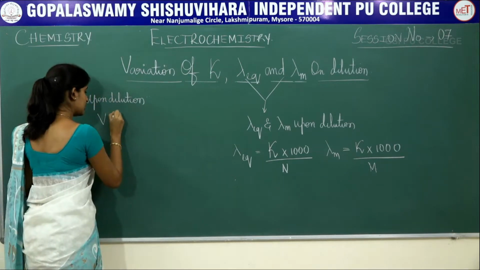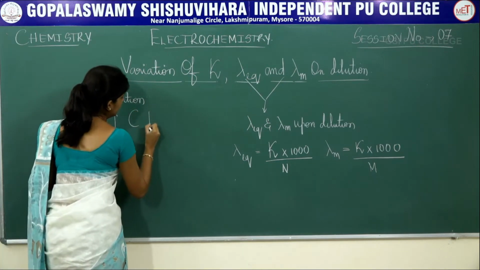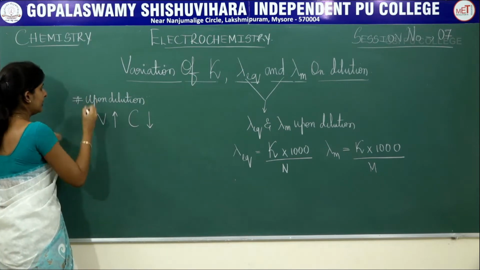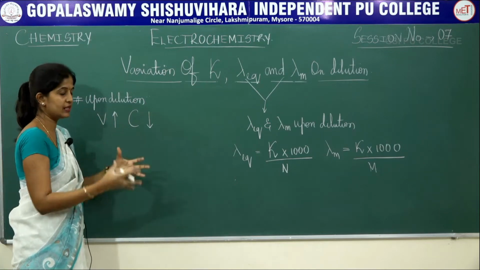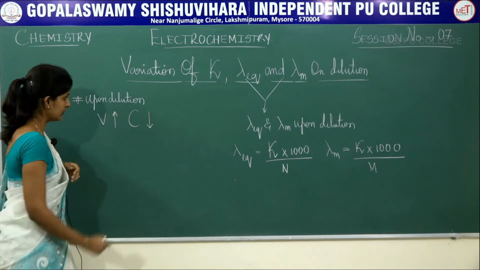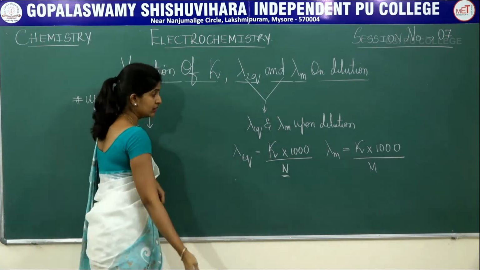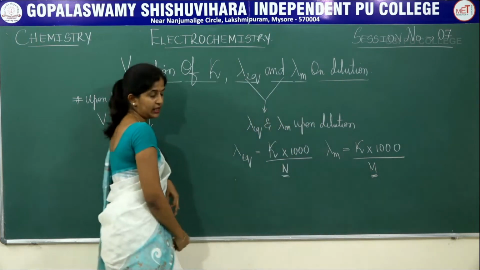Volume increases while concentration decreases. Remember this. Always upon dilution, total volume of the solution increases and concentration of the solution decreases. Which means that in your lambda EQ, normality decreases, while in your lambda m, that is molar conductivity, molarity decreases.